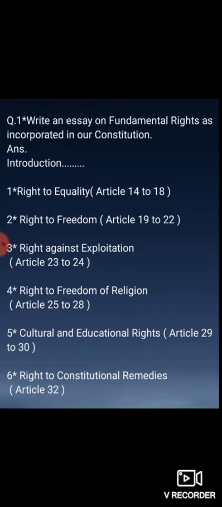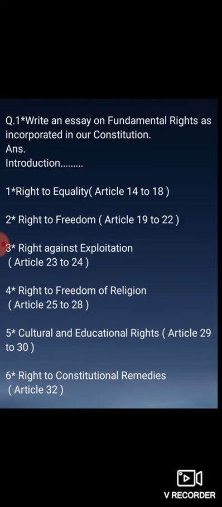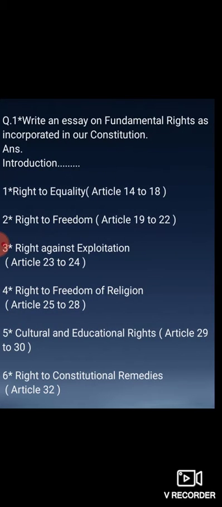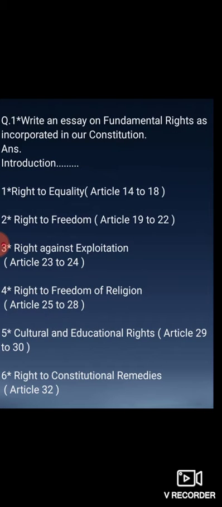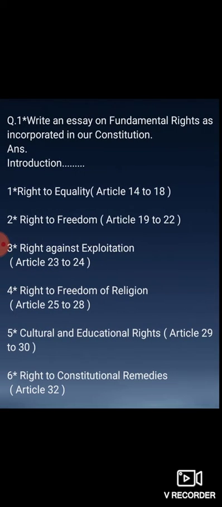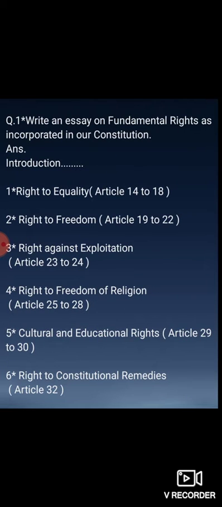No citizen shall be denied admission into any educational institution maintained by the state or receiving aid, it means help, out of state funds on grounds of religion, race, caste, color, language, or any one of them. And Article 29 protects the interests of the minority in India.